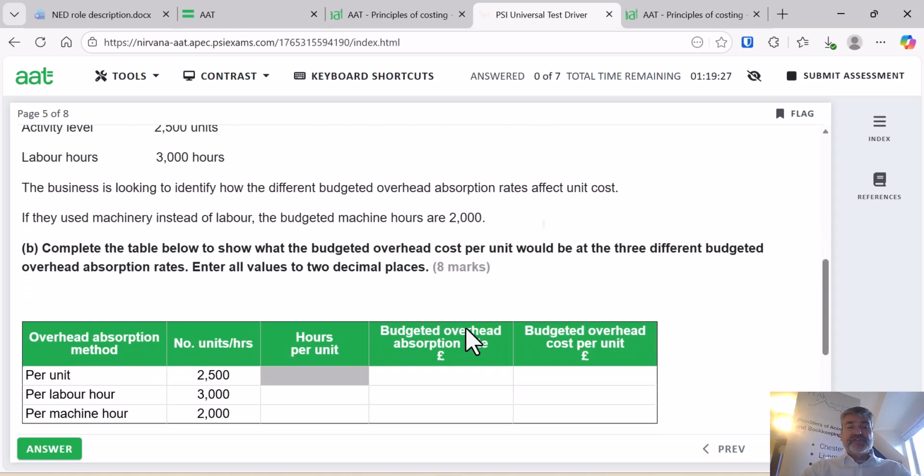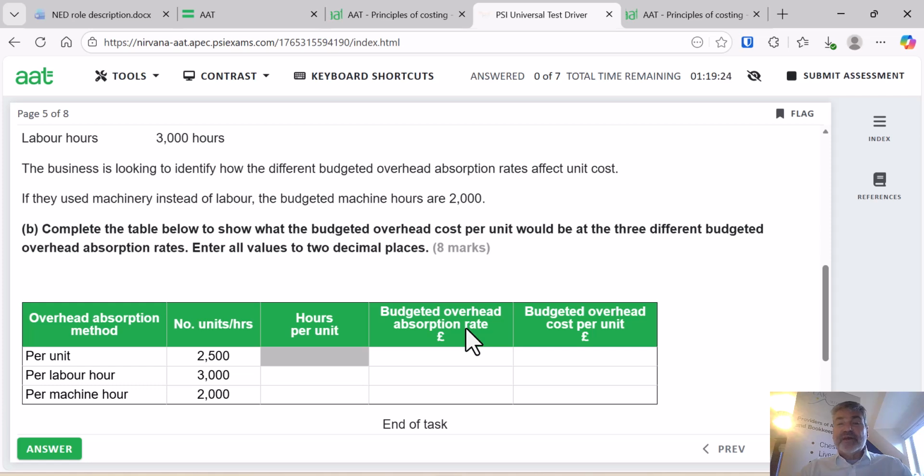Now, we're told that the business is looking to identify how different budgeted overhead absorption rates affect the unit cost. And if they were to use machinery instead of labour, budgeted machine hours are 2,000.